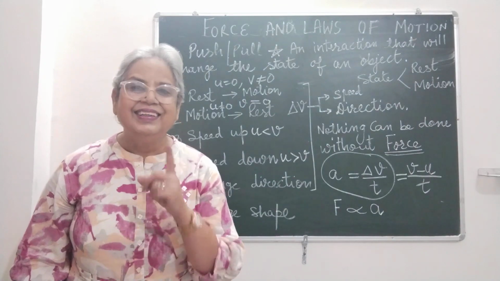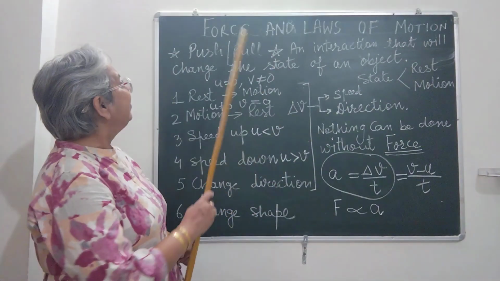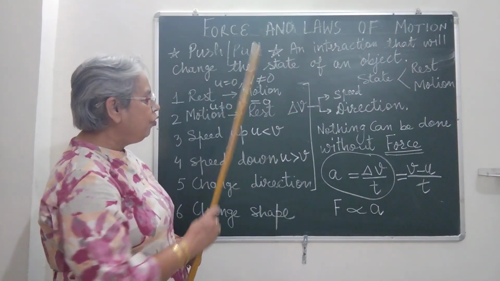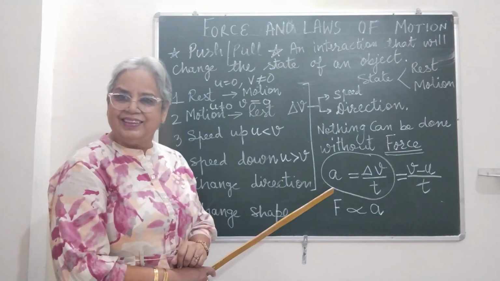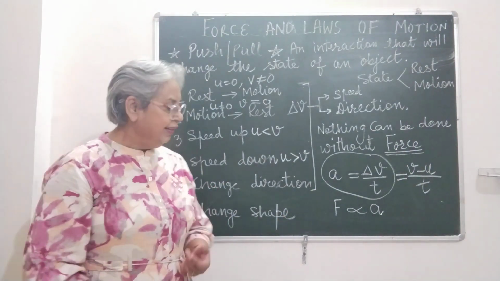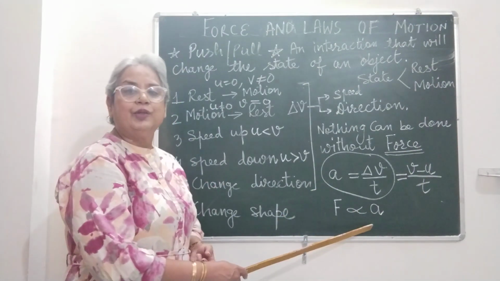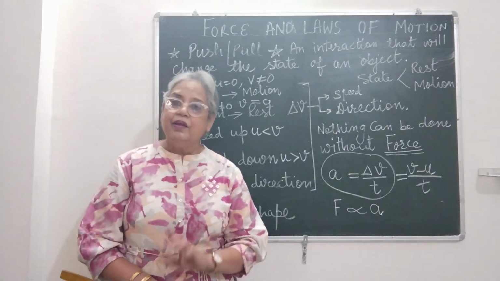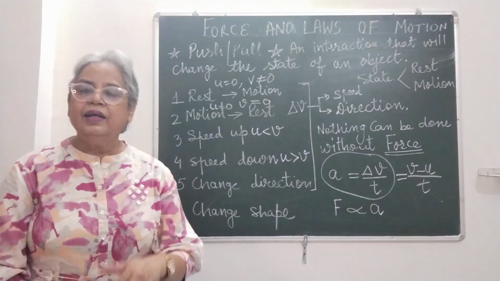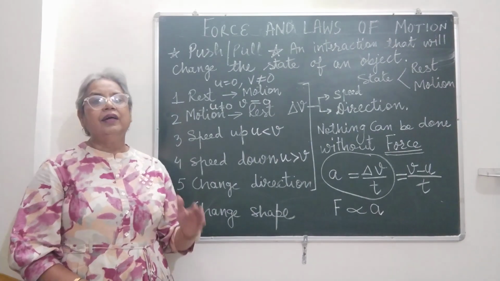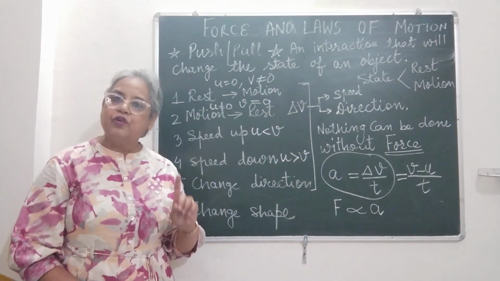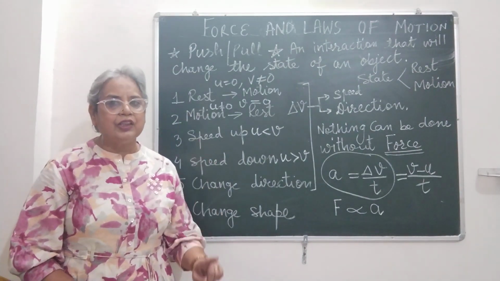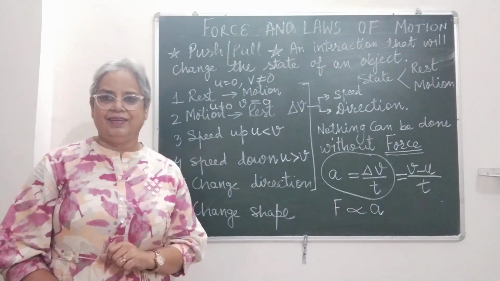What is that? That is, there is a relation between force and acceleration. Now, what is that relation? There is direct proportion. That is, if force is increasing, acceleration is increasing, and vice versa. If force is decreasing, acceleration also decreases.